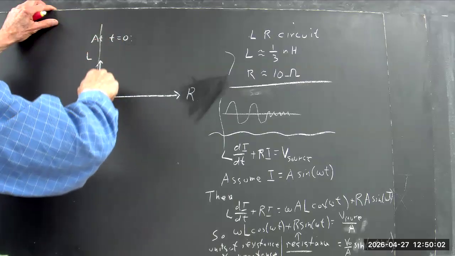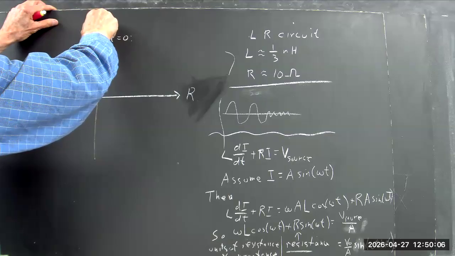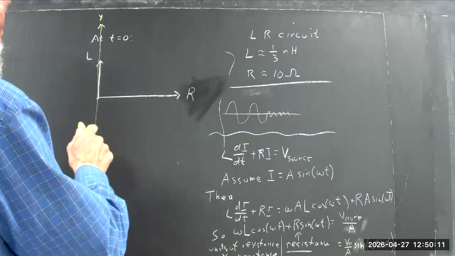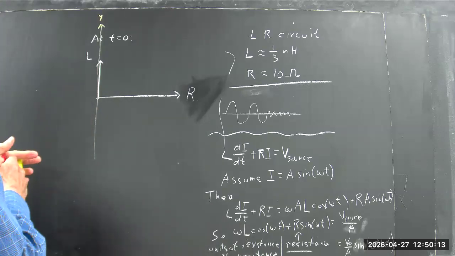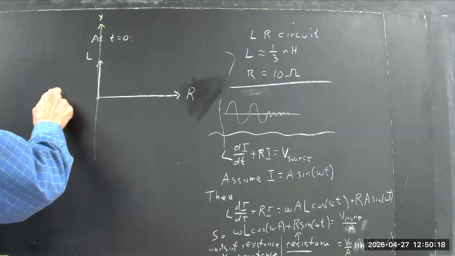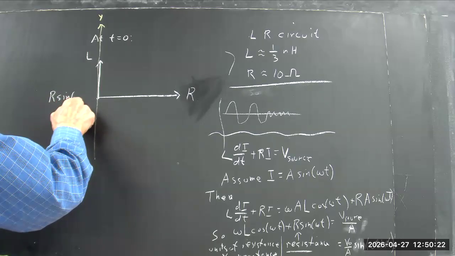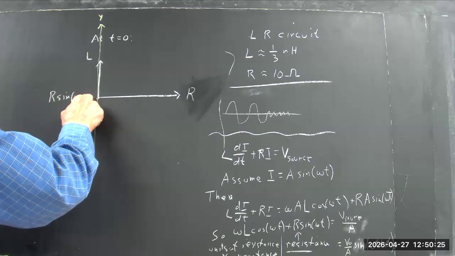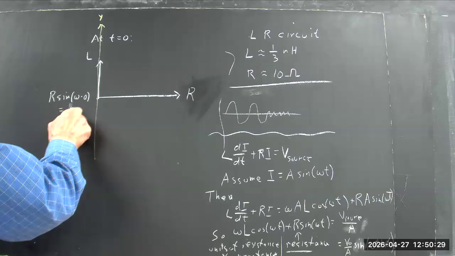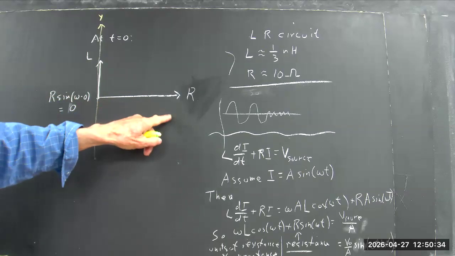I'm going to impose a y-axis up here. Taking liberties, it's not really R sine of omega times 0, but R would equal 0 here.